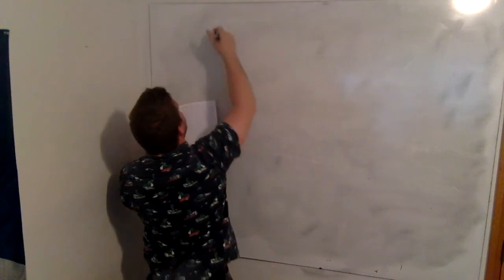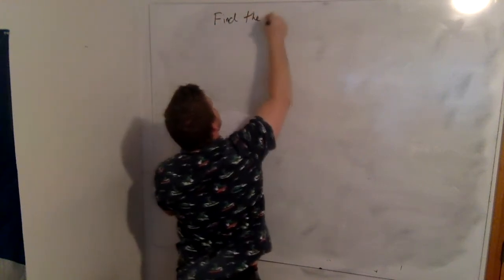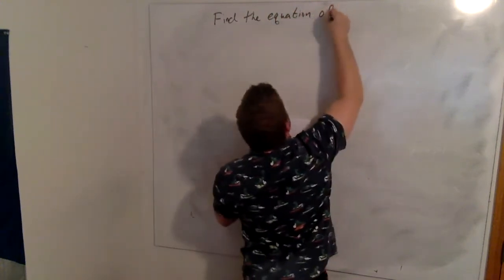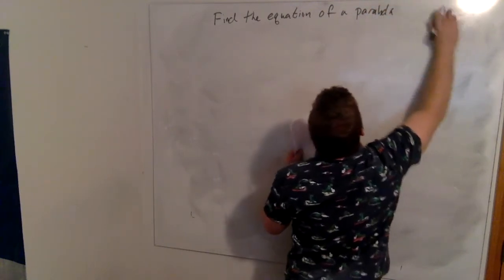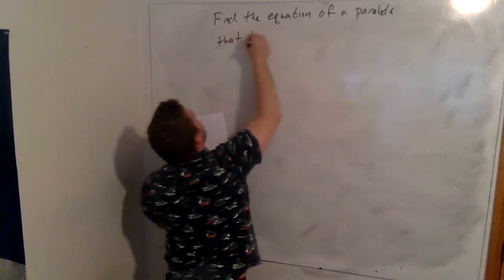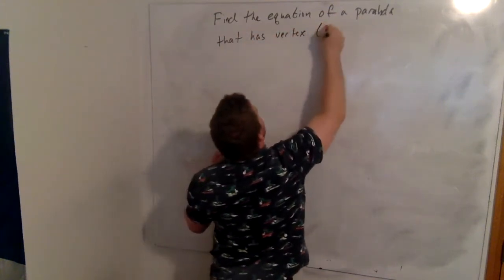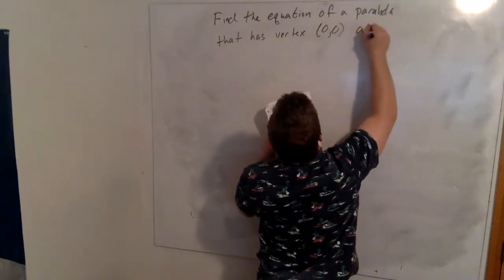Now find the equation of a parabola that has vertex at 0, 0 and satisfies the following.